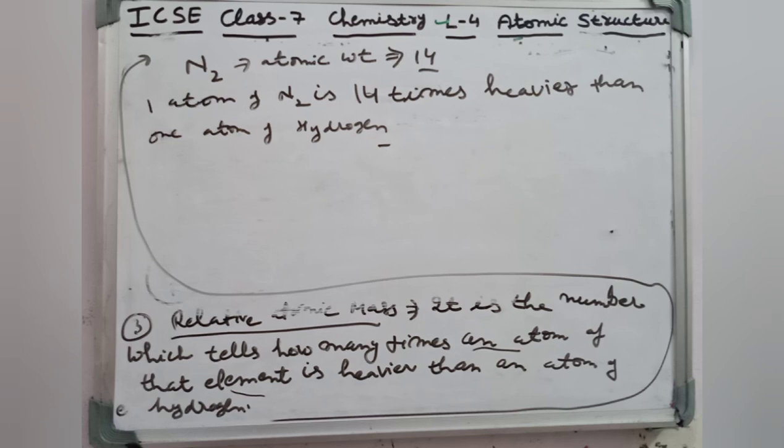So the relative atomic mass is the number which tells how many times an atom of that element is heavier than an atom of hydrogen. Right?